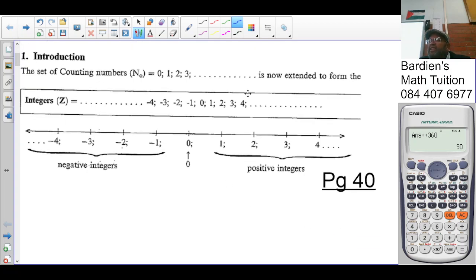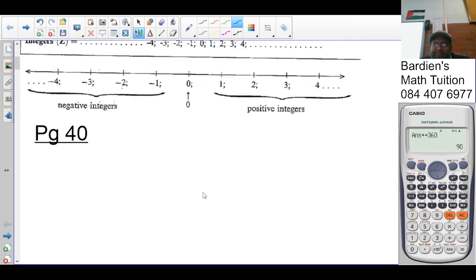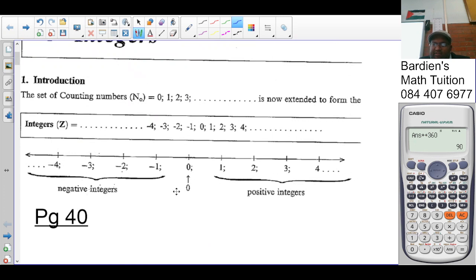Right, did you guys write this down, the integers and all of it, and this number line here? Okay, draw that number line quickly. So here we got positive integers, negative integers, and 0 is in the middle.